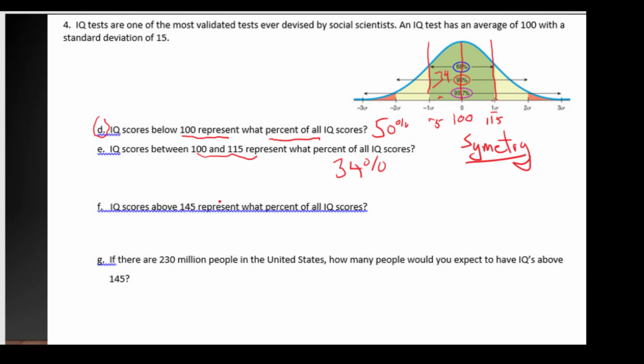IQ scores above 145 represent what percent of all IQ scores? Now, if you recall from our last thing, 145 is way out here, representing 3 standard deviations above the mean. Now I'm going to erase this and talk about that just a little bit.